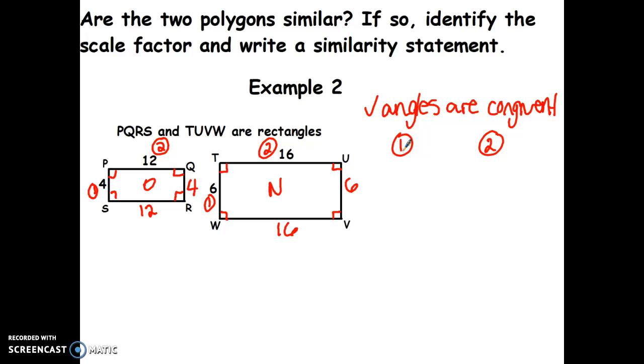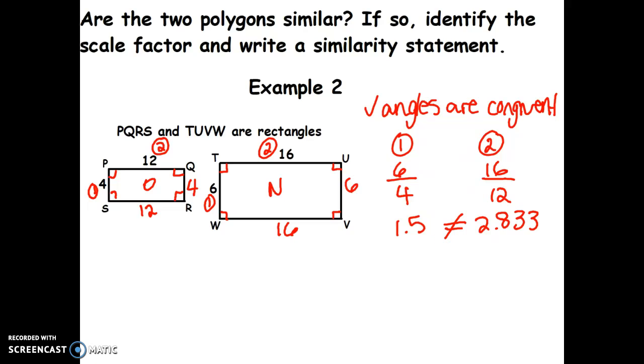So my 1 for my new is 6 over my 1 for my original, that's 4. And then 16 over 12. So now we just divide. 6 divided by 4 is 1.5. And then 16 divided by 12 is 2.833 repeating. Now, are these the same number?